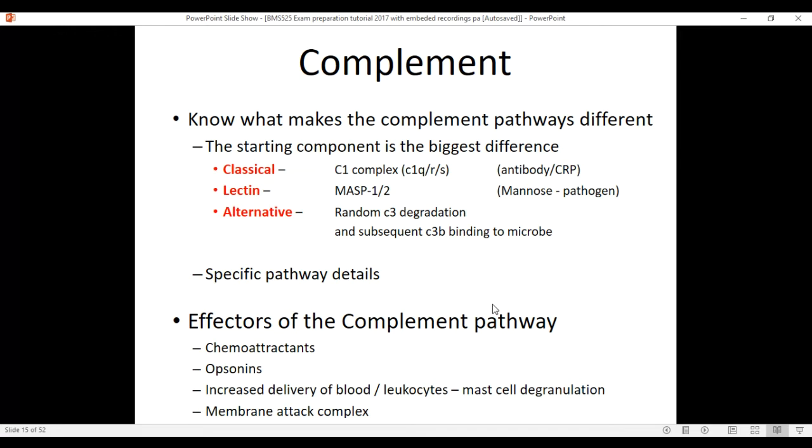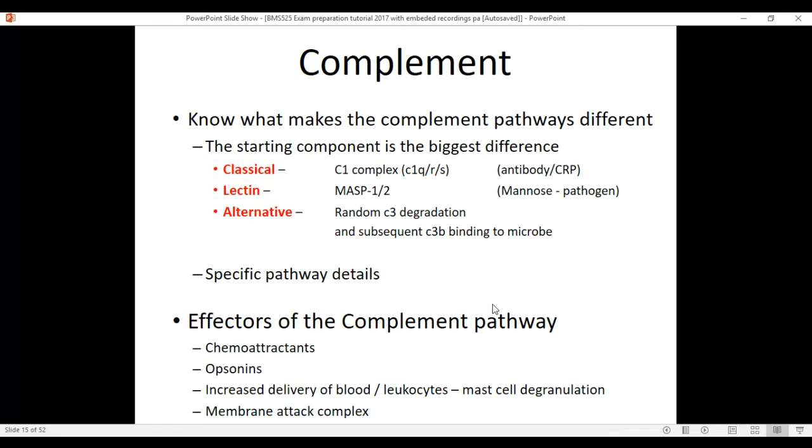Okay, but there's one last step that needs to be talked about, and that is the formation of the membrane attack complex. So the formation of a membrane attack complex is the only direct way that complement kills a pathogen.